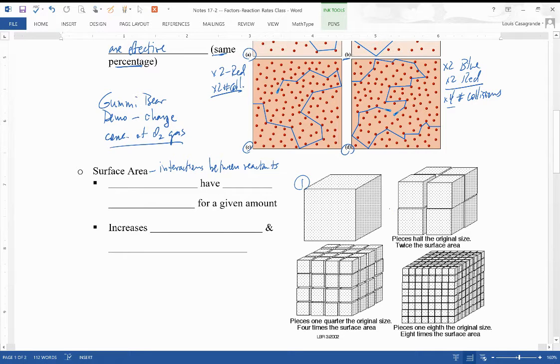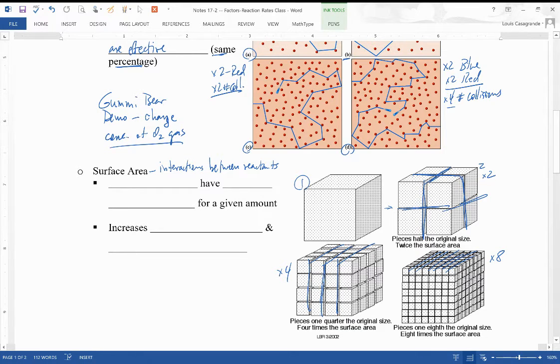If we then take that and we split it in half along all the faces, what do we end up doing? Well, we end up doubling the surface area. If we split it in 4s along all the faces, then we have 4 times the surface area. If we split it in this case into 8s, then we get 8 times the surface area.